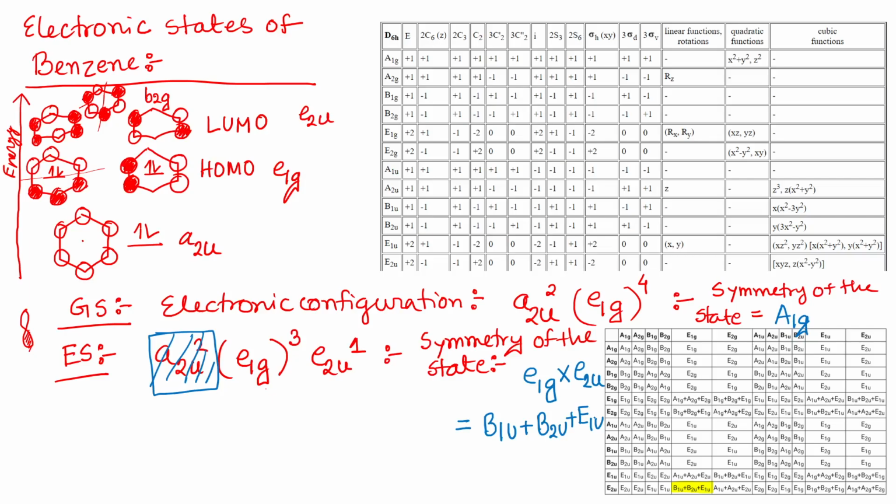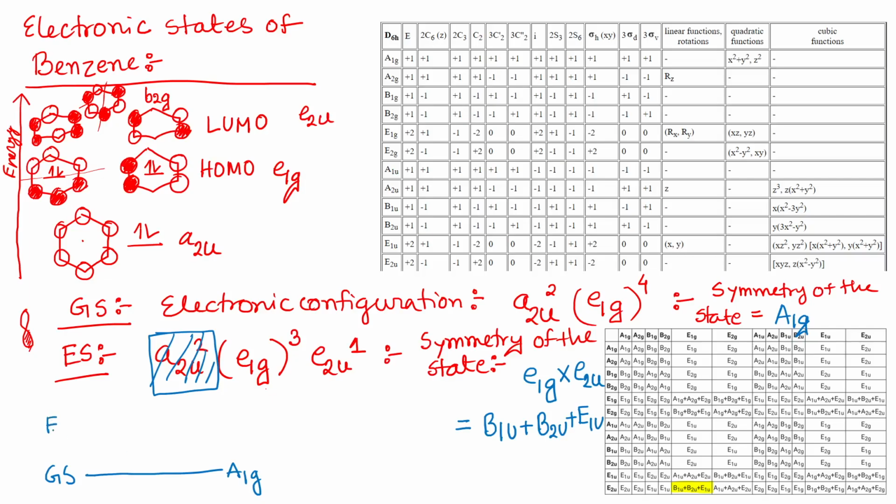Now, in this case, as you can see, we are dealing with two non-degenerate states, right? E1G and E2U molecular orbitals are not non-degenerate, so we don't really bother about that, and the spins are not interconnected. So in the ground state, it is A1G.